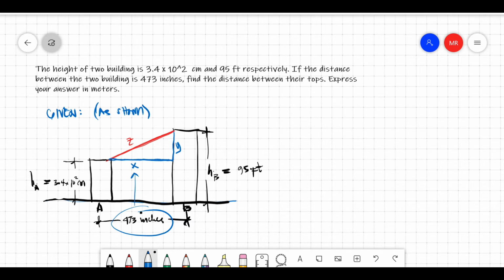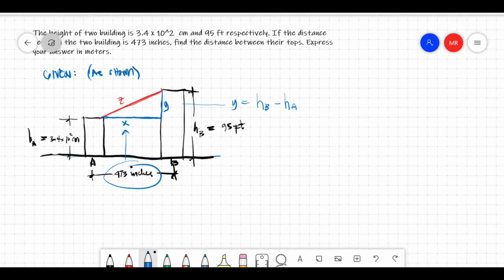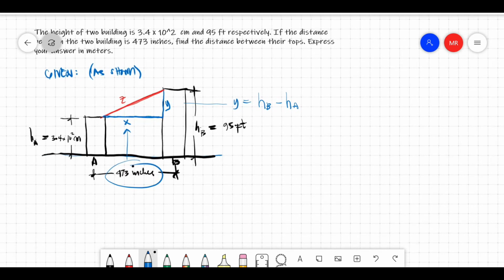But how about Y? Y is the difference between the height of B minus the height of building A.